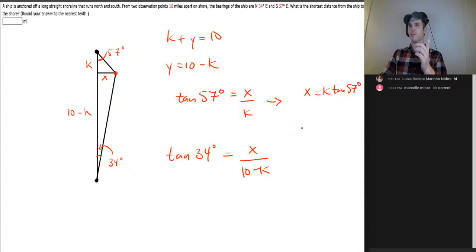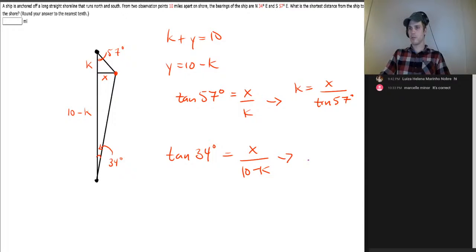Actually, I don't want to solve for X, I want to solve for K. So K is equal to X divided by tangent of 57.